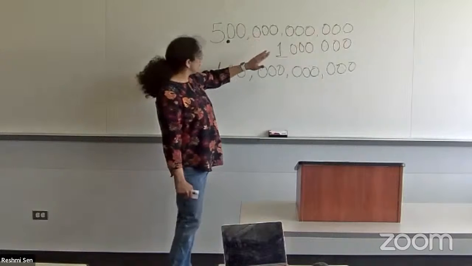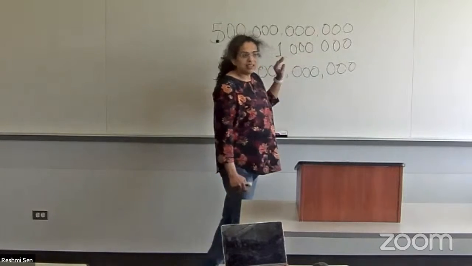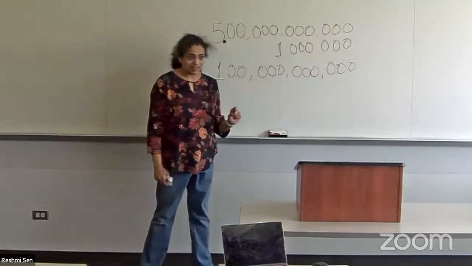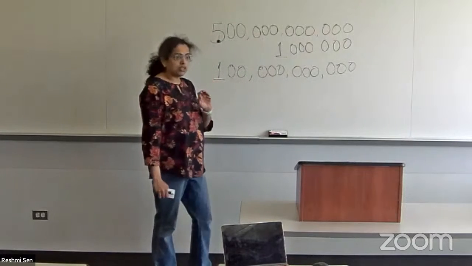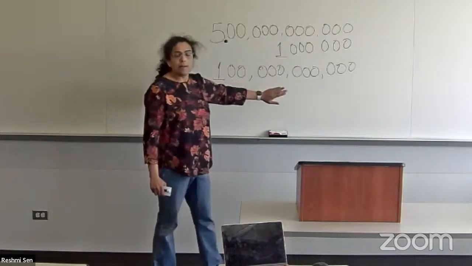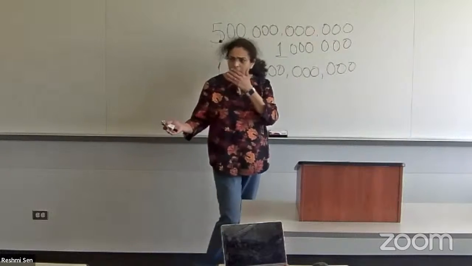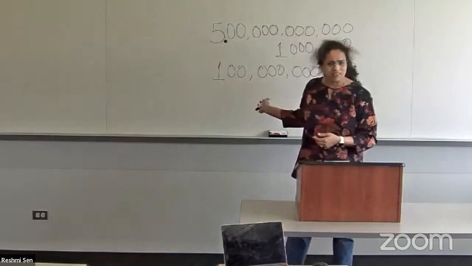And among that 500 billion, 1 million is being used every minute by all of us. Not only that, US is the alone consumer of 100 billion plastic every year. Isn't this scary? What are we going to do with our environment if we keep using plastic like this?